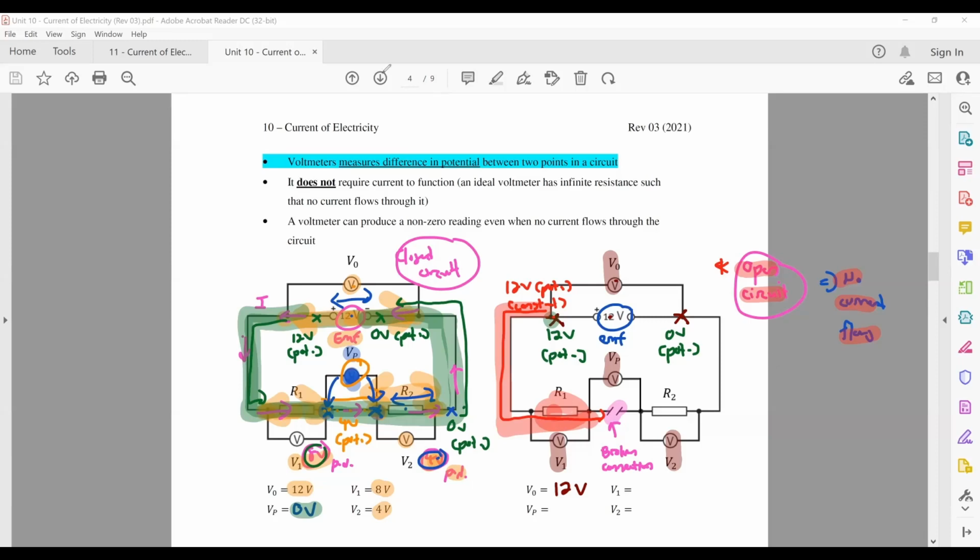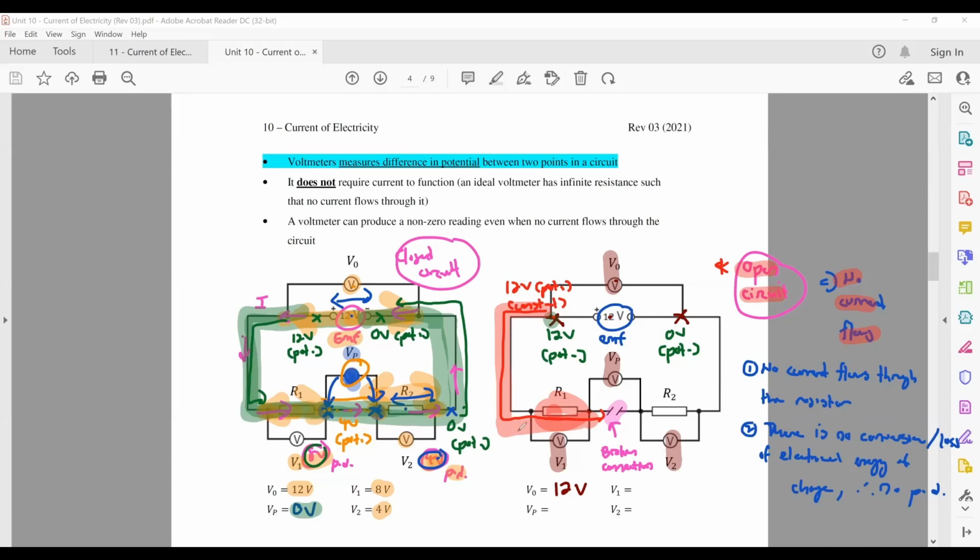Maybe I better just write it here. No current flows through the resistor, so there is no loss in electrical energy. There is no conversion or loss of electrical energy of the charge.